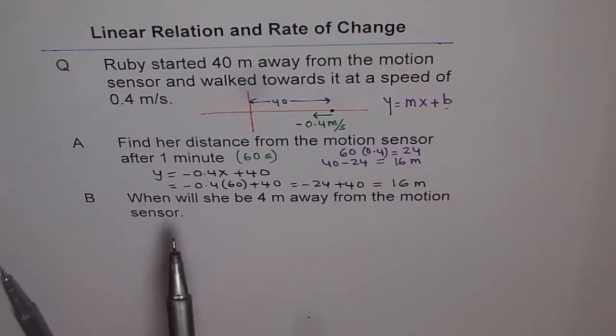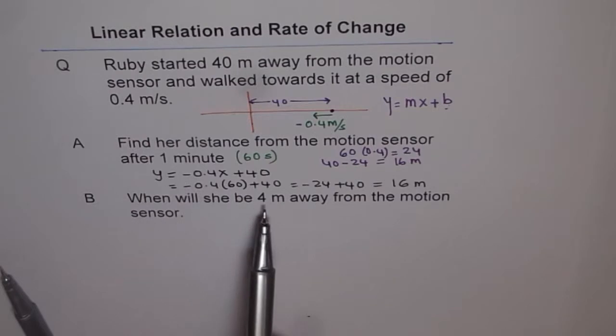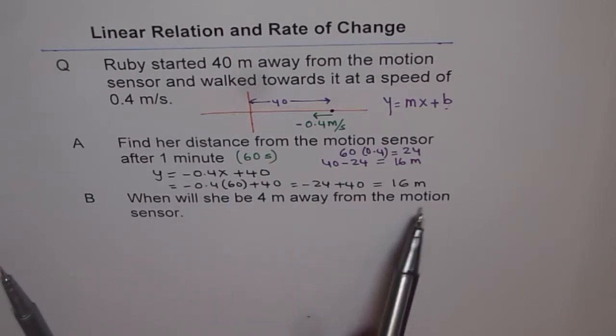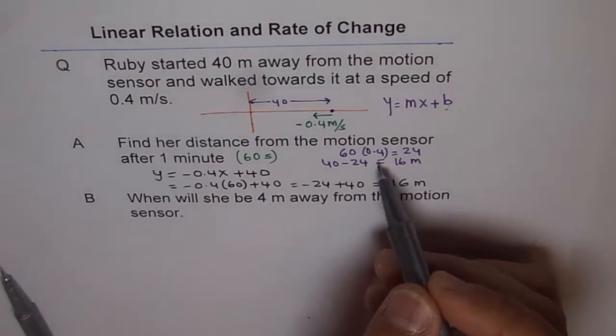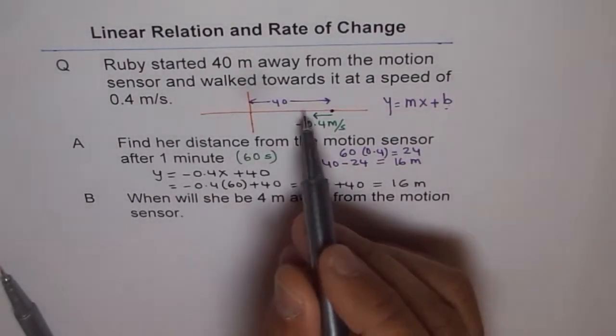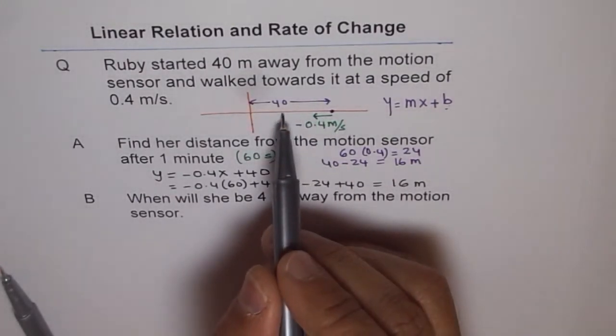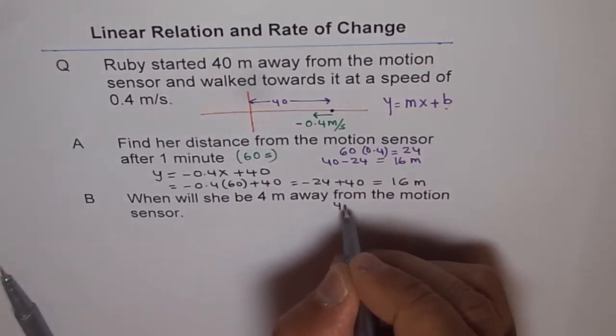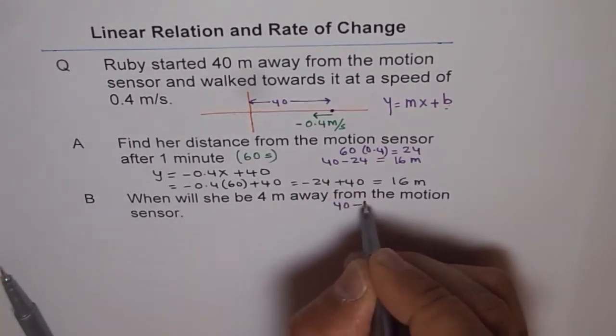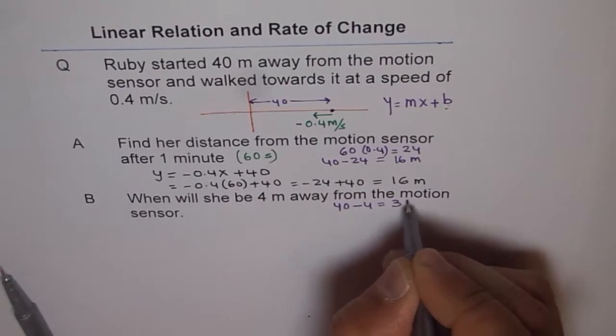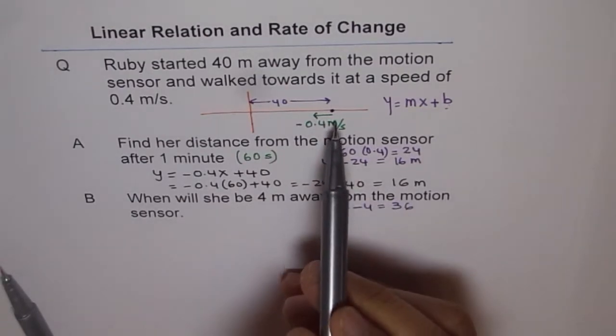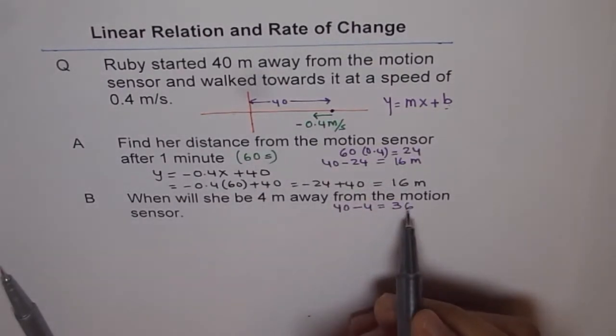Now part B is, when will she be 4 meters away from the motion sensor, correct? So one way, let's adopt this approach. If you want to be 4 meters away, then the distance covered should be 40 minus 4, that is 36, right? She should get enough time to walk 36 meters, right?